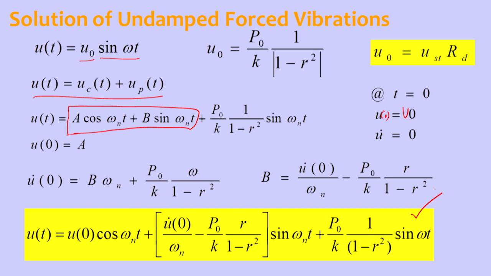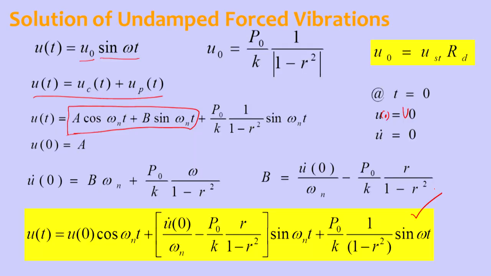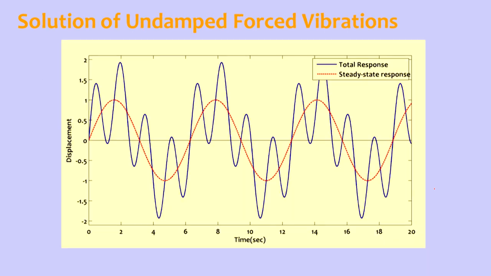As you can see, if you remove the forcing frequency from this one, it will go back to the undamped free vibration situation only. Now how does it look? It has two components in it. One is the transient component, and the second one is the steady state component. If you look at this dark blue line, the dark blue line is showing us the total response, whereas this dotted red line is showing the steady state response.